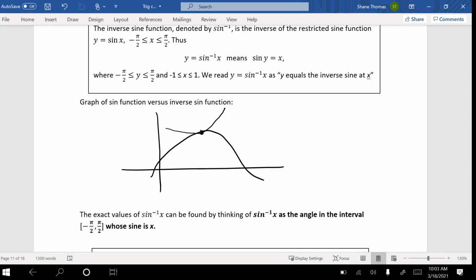It would be doing like the exact opposite shape, okay? So this here would be the inverse sine. This one would be the sine. It's just kind of like the opposite shape, because we're doing the opposite operation. We're just working backwards whenever we use the inverse sine function.